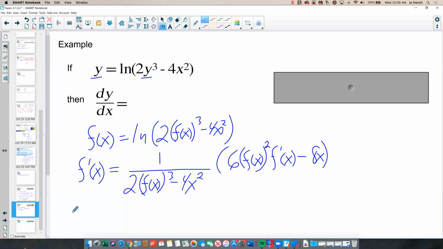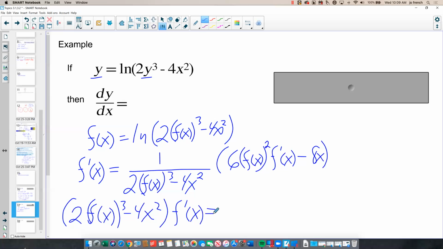I'm going to put the 2 f of x cubed minus 4x squared from the denominator, multiplying both sides by the denominator. So now I have that expression times f prime of x on the left, and that's going to equal 6 f of x squared f prime of x minus 8x.